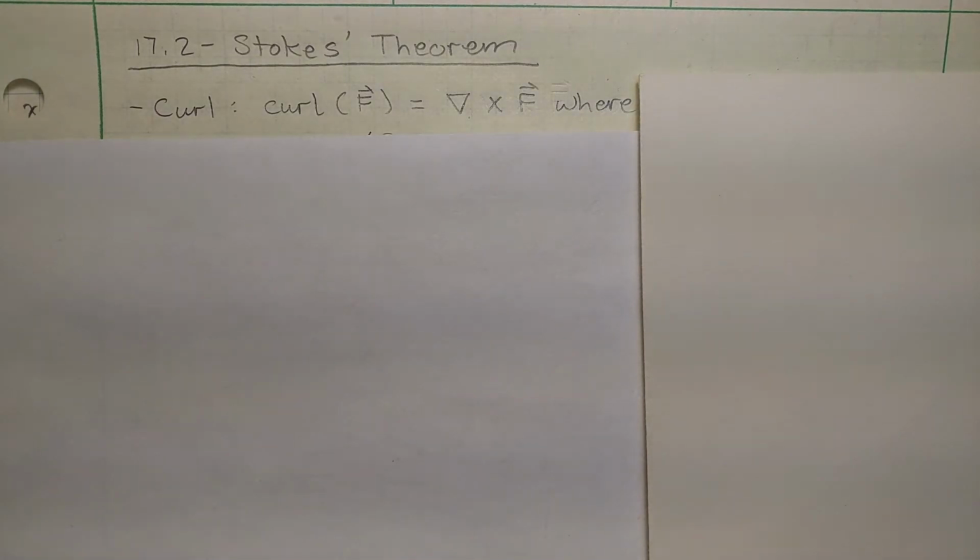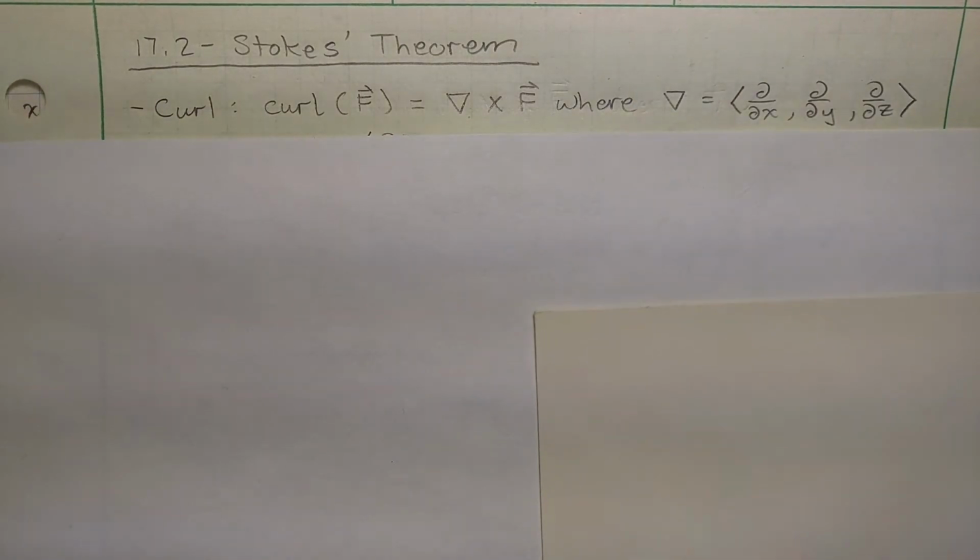Probably about this time you're asking what on earth nabla is. Nabla is the vector of the derivative with respect to x, the derivative with respect to y, and the derivative with respect to z, where those are the individual components. So that's what we get for our nabla, and we cross that with our vector field and we get another vector, which is our curl.